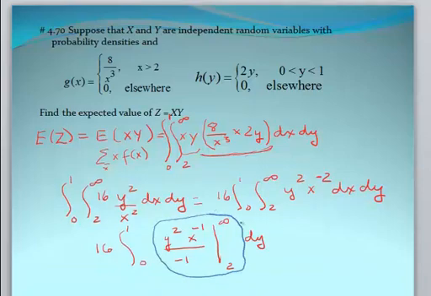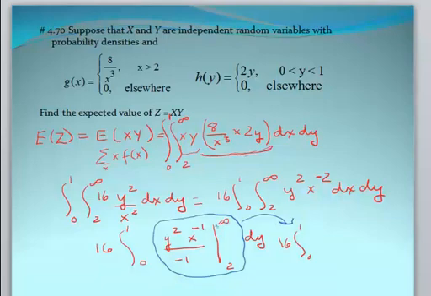I'm going to put everything that's still outside, 16, 0 to 1, and then that part right there is, when we plug in this first limit, it's going to go x to the minus infinity.